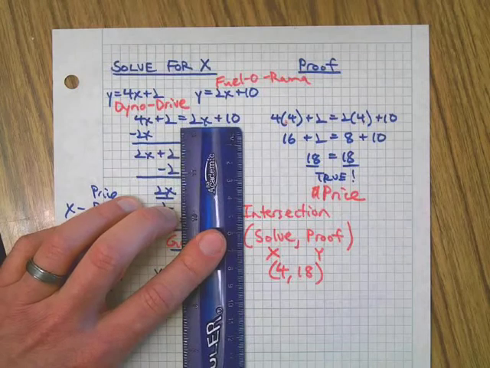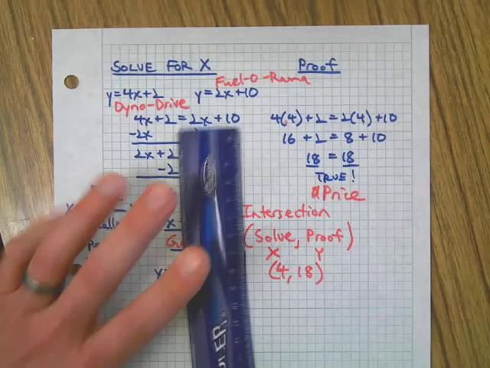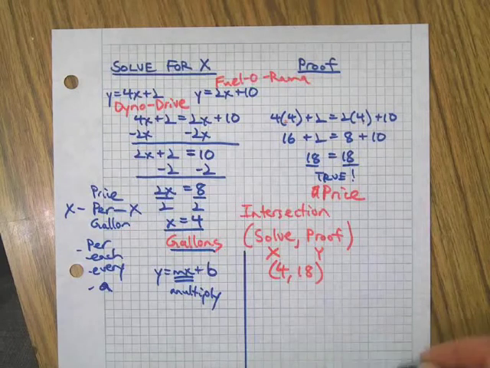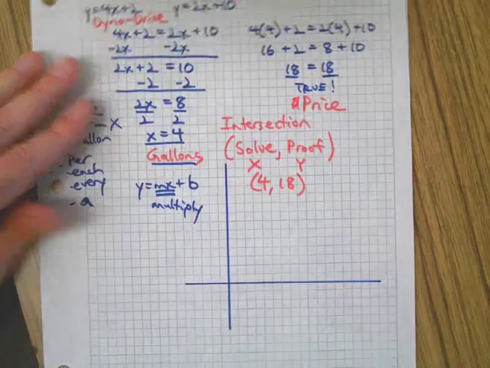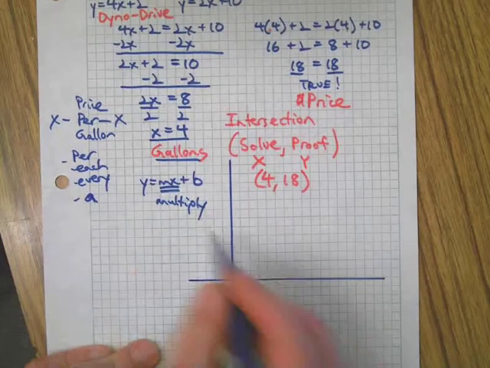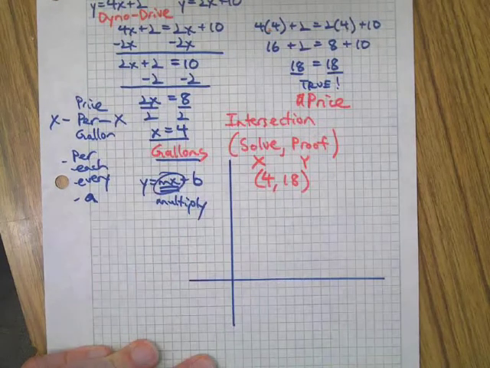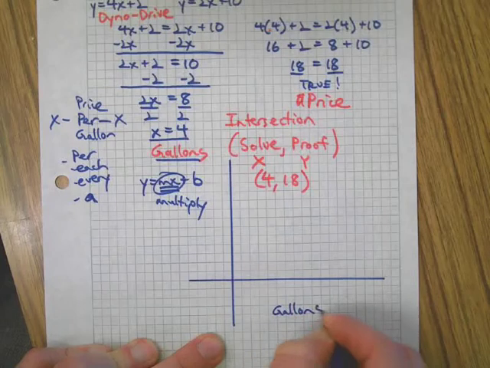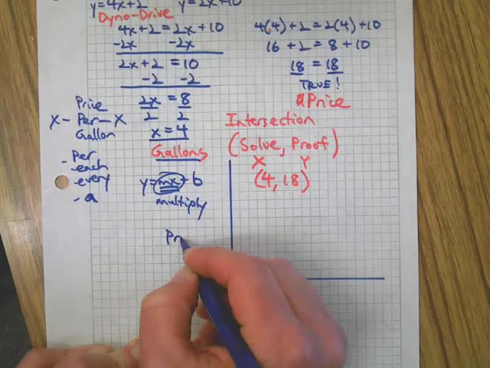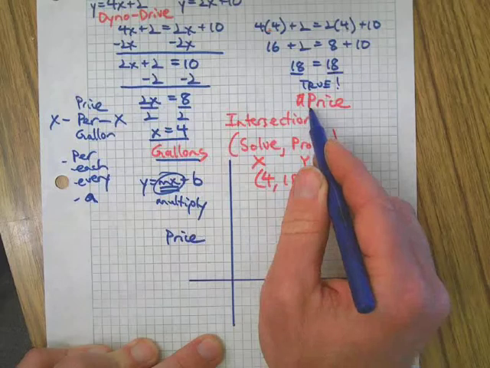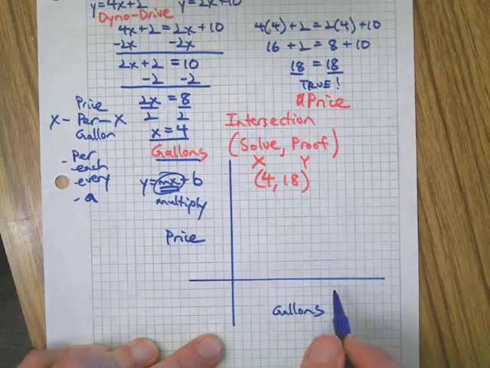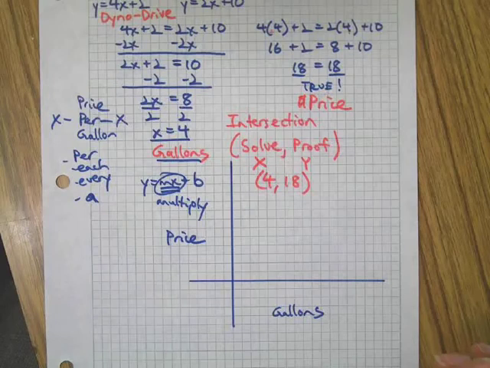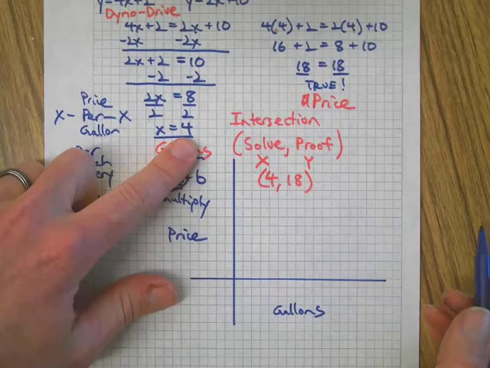So there we go. Let's make a graph of this situation. Let me show you how easy making a graph is once you understand this. Okay, what's the x? Gallons, right? Okay, the y is the price. That was the proof up here. So in order to capture this whole problem on this tiny little graph, I need at least 4 gallons.